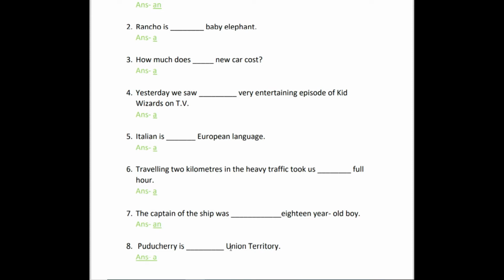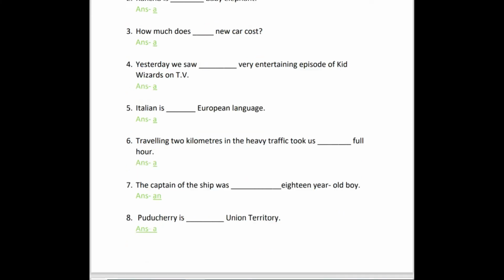Then according to that you have to write the articles. Here comes a union territory because we pronounce the word union. So it comes of consonant Ju, not U. So here you have to write a union territory.